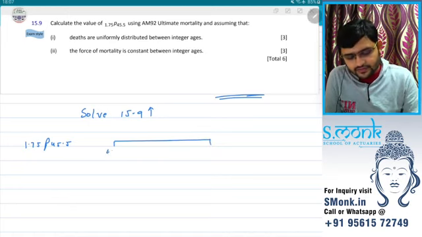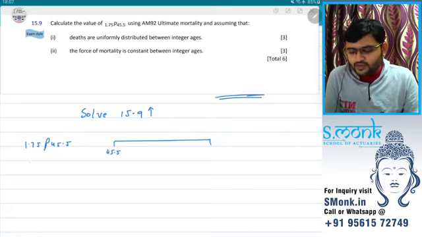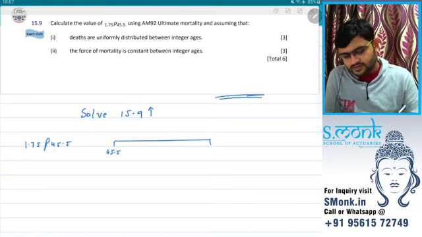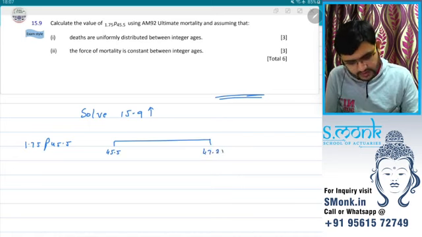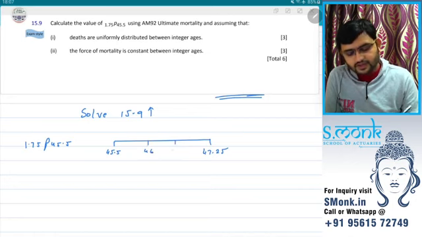We are starting from 45.5 and going till 47.25, so we will have 46 and 47 in between.